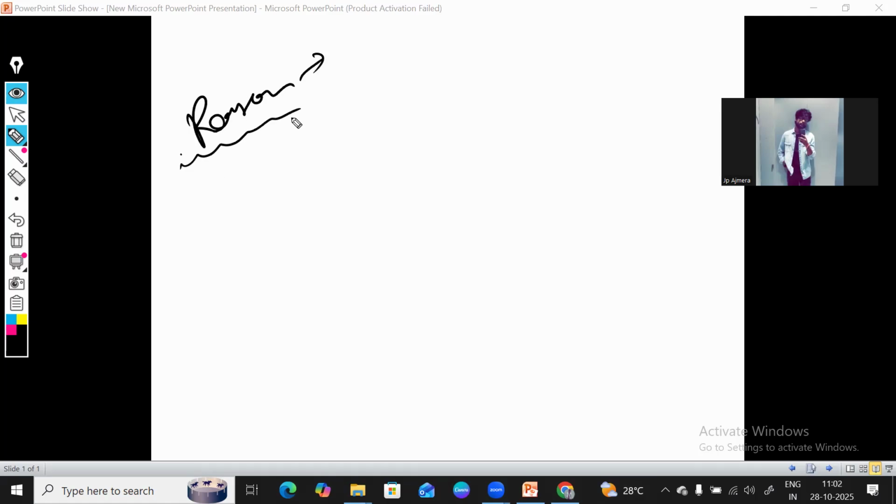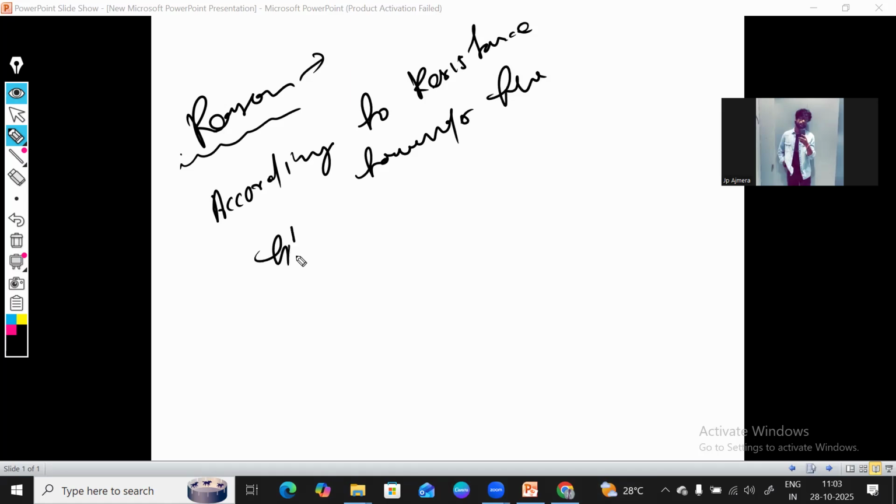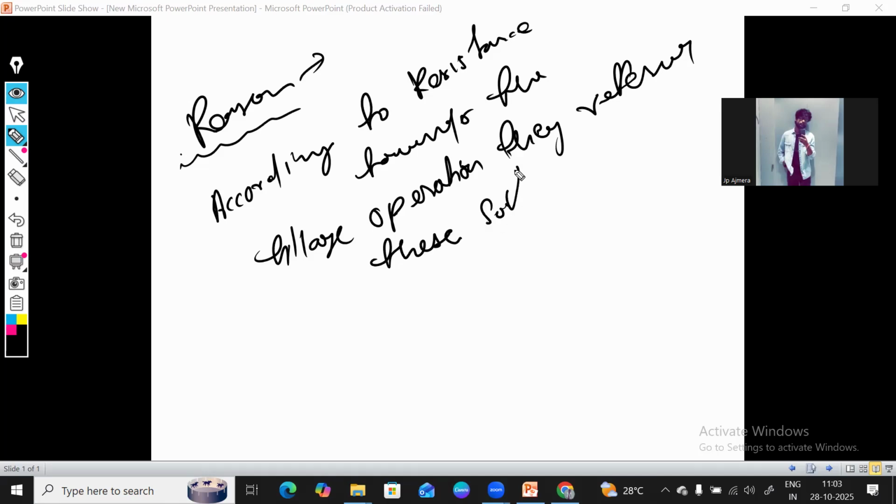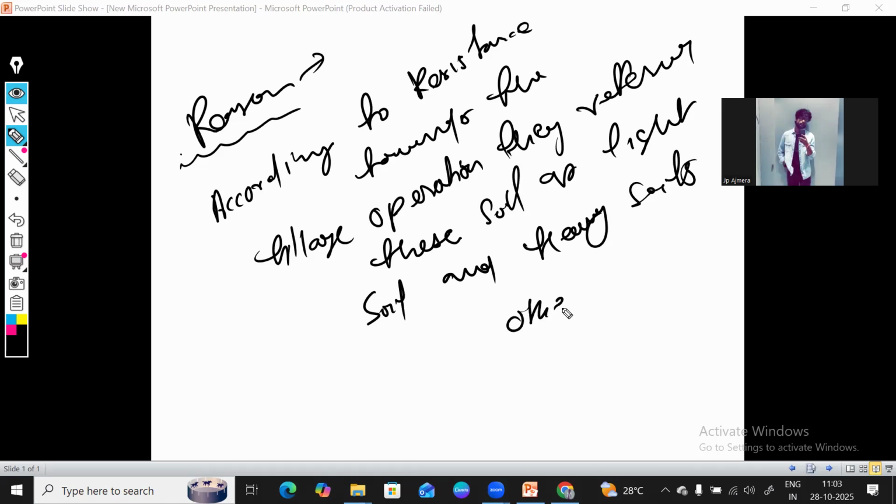The reason is contradictory: according to the resistance toward the tillage operation, we call them light soils and heavy soils. Otherwise, from the point of view of weight, these are contradictory to each other.